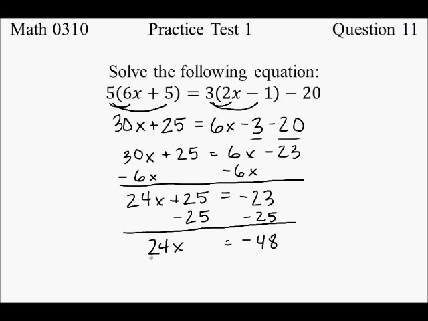We want to get rid of multiply by 24, so we do the opposite, which is divide by 24. Divide by 24 here. And so we get 24 over 24 is just 1x, so we have x over there. Here we have 48 divided by 24 is 2, and since it's a negative divided by a positive, opposite signs, this is going to be a negative 2 here. So our answer is x equals negative 2, and that answer choice is A.